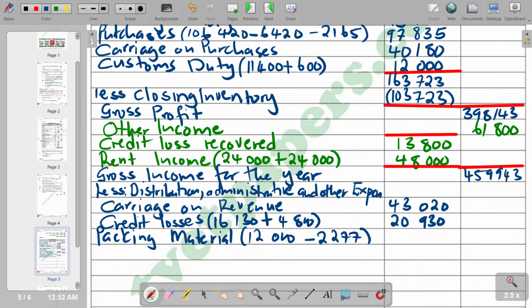So if we subtract, you are supposed to get 9,723. So that's what we have for packing material.